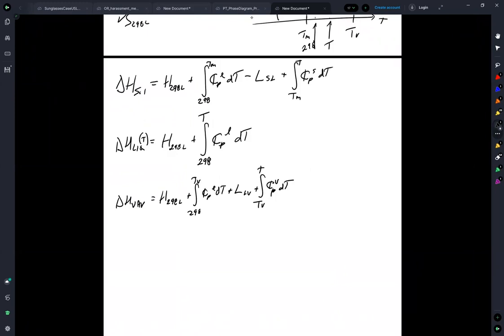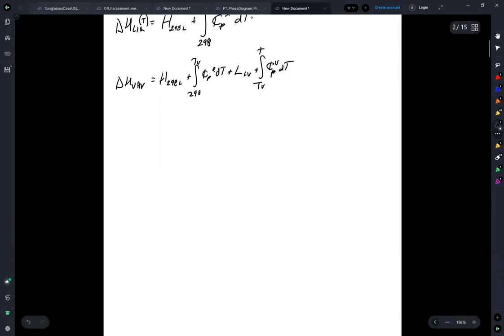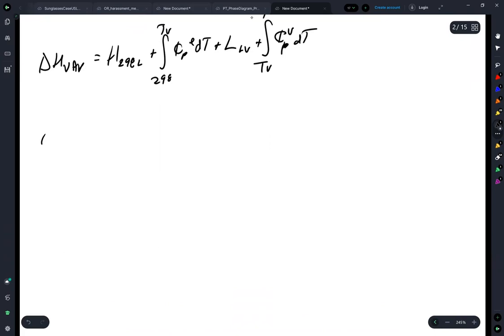Okay, I've got those. And then the entropies that correspond to that in the same paths are delta S sol as a function of temperature is equal to S at 298 of the liquid plus the integral from 298 to the melting temperature, heat capacity of the liquid over temperature dt minus L S L over Tm.